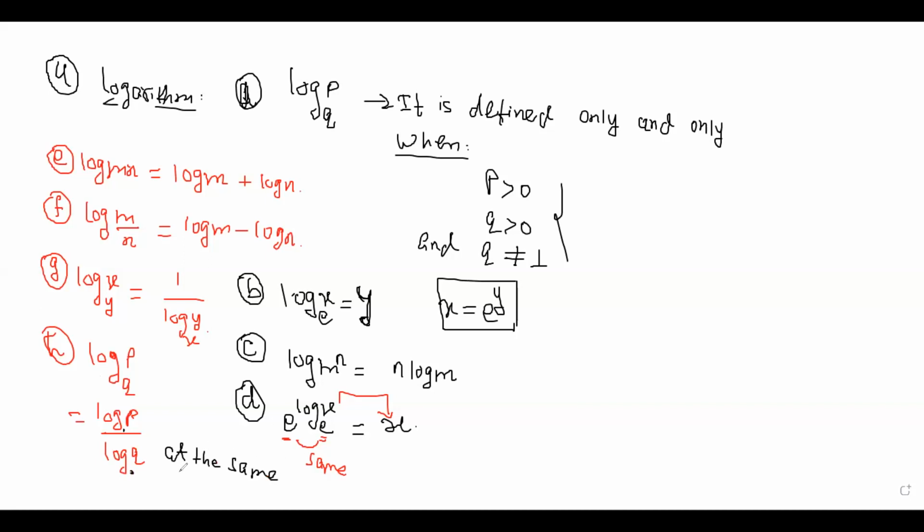It is chosen according to the question. You cannot simply write e or 10; it will depend on the question what base you have to take. But both bases will be the same. Okay, no problem. Write down fast.